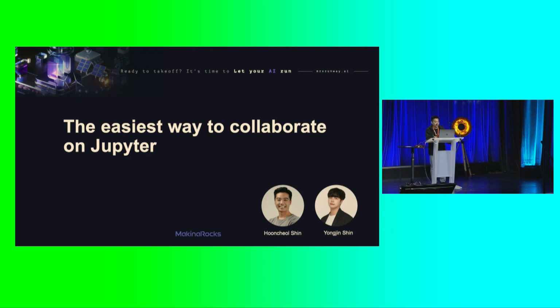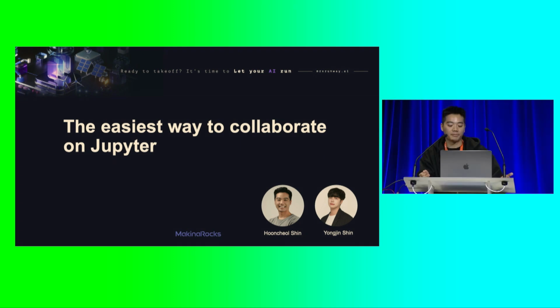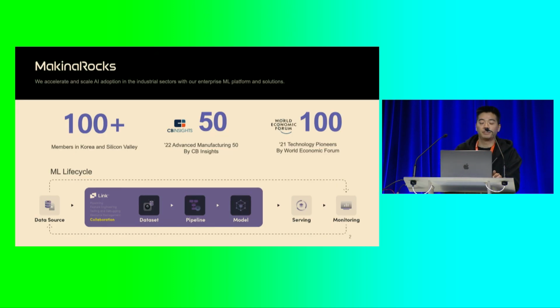Hello, bonjour. This is Hooncheol, and I'm here to talk about the easiest way to collaborate on Jupyter. I prepared the presentation with my coworker, Hooncheol Shin. I work at Makina Rocks, where we develop ML products called Runway and Link.